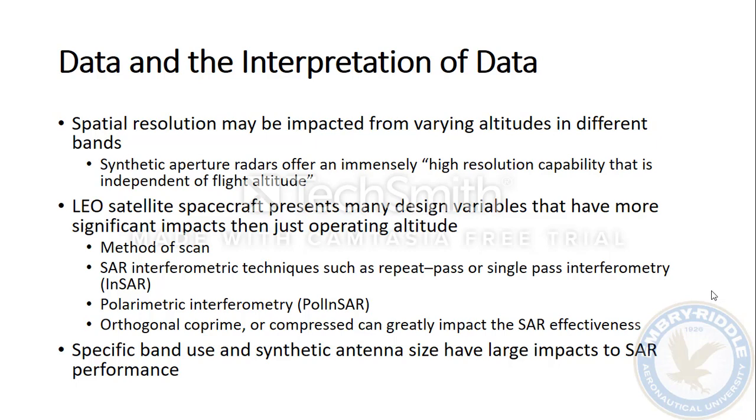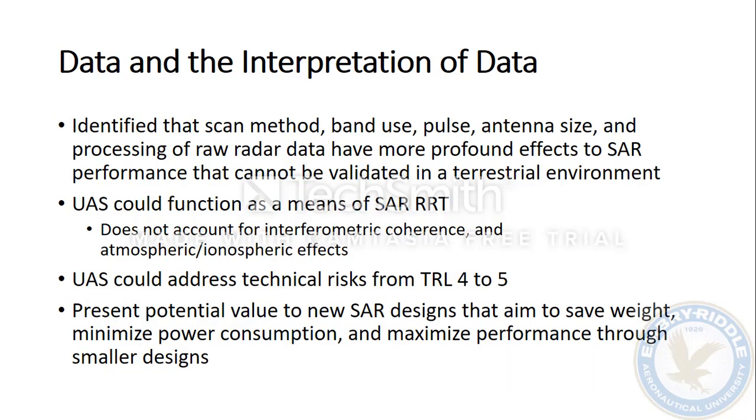Those are going to play into much larger effects to SAR effectiveness in terms of the spatial resolution scheme than just altitude. The specific band use and the synthetic antenna size, again, also have large impacts to that SAR performance.